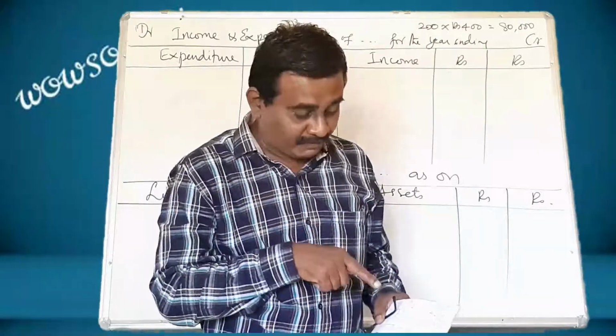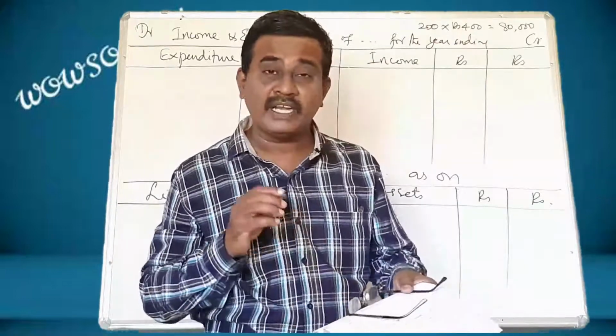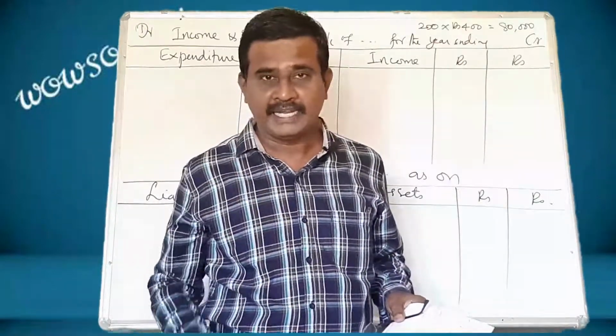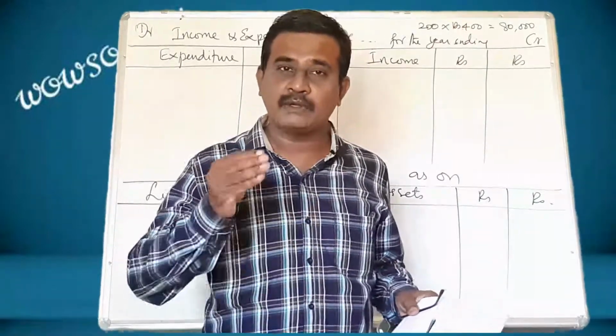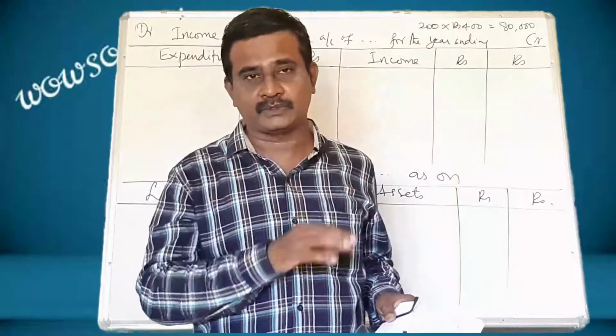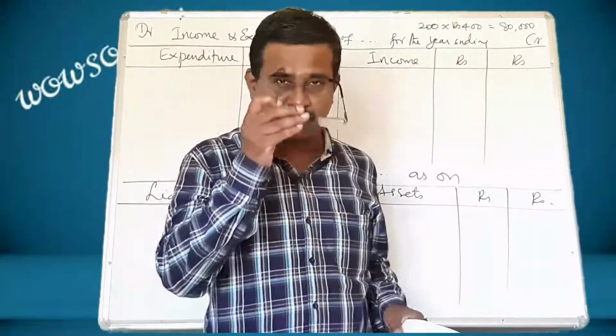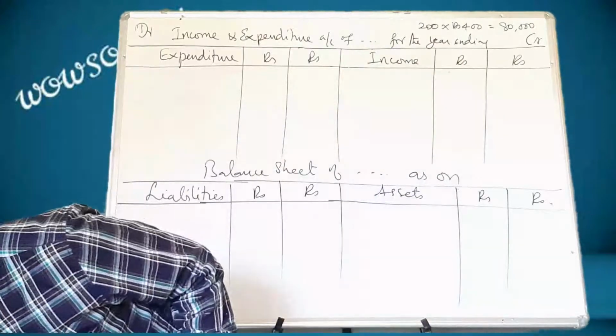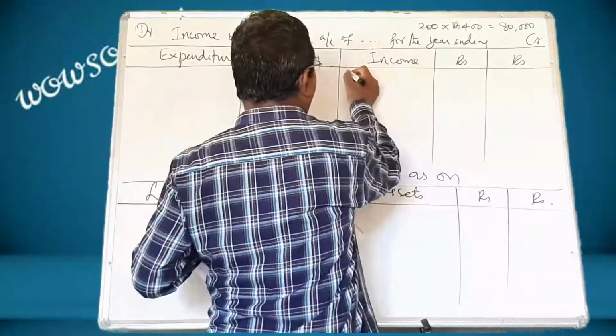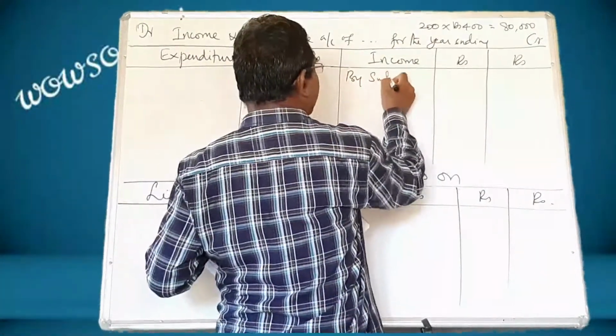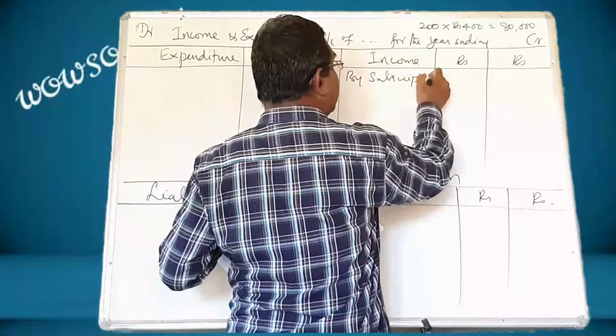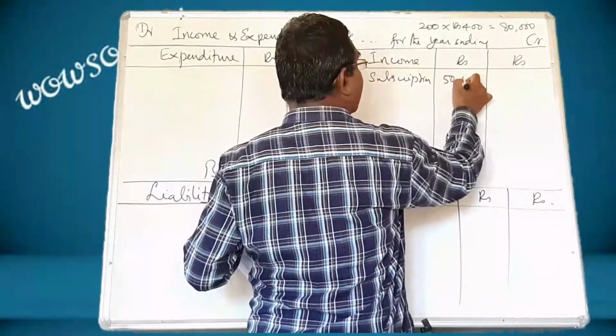In this year they have collected only 50,000 rupees. It means still we have to collect 30,000 rupees. Then how should it be shown here? In the inner column, write subscription. How much is collected? 50,000 is collected.